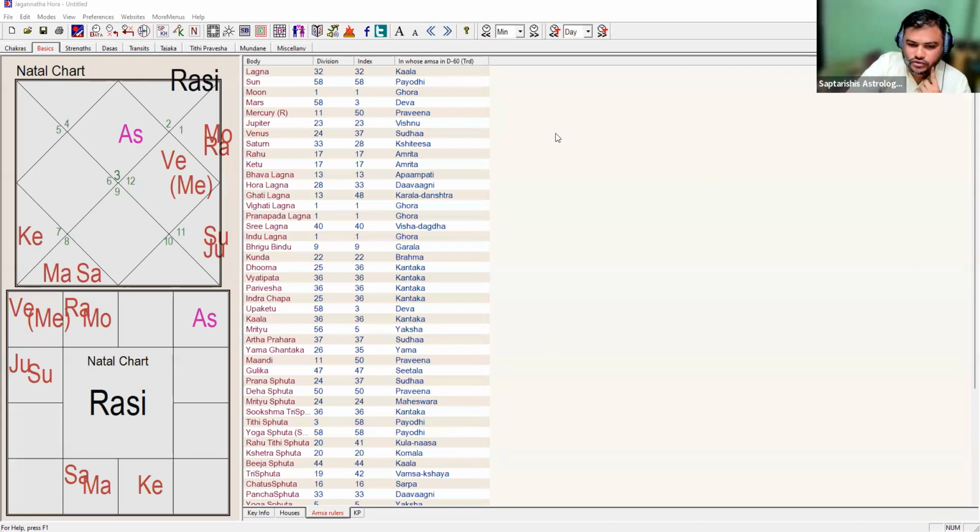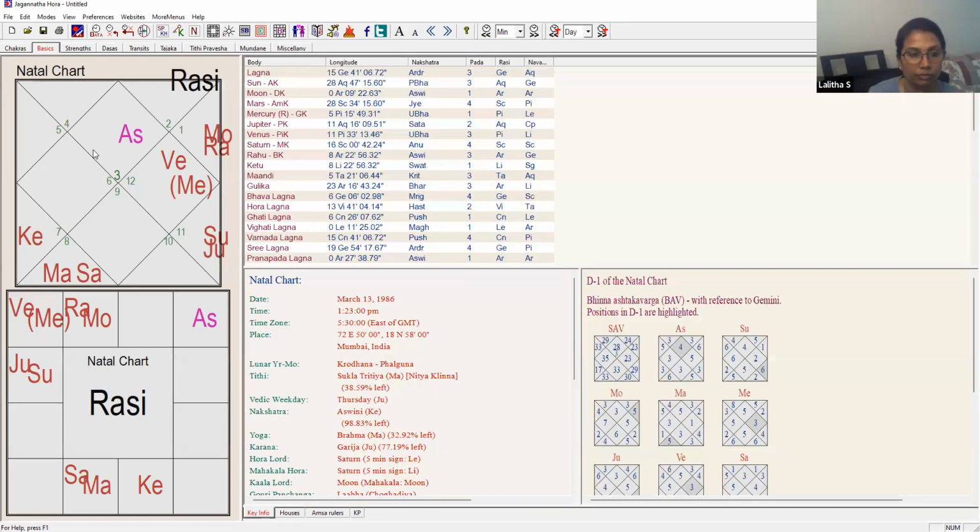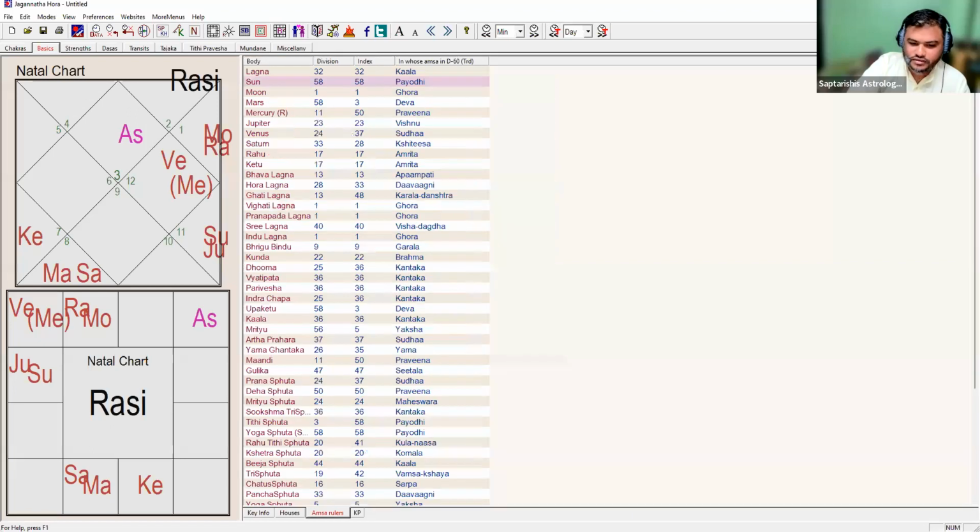Is my screen visible to you all? Yes sir. Generally you see this screen whenever you feed any data, the natal chart, the Lagna chart. Now, at the bottom there is a tab, Amsha Rulers. You click here. You can see the bodies, like Lagna, Sun, Moon, Mars, the planets, are given here, with divisions and index.